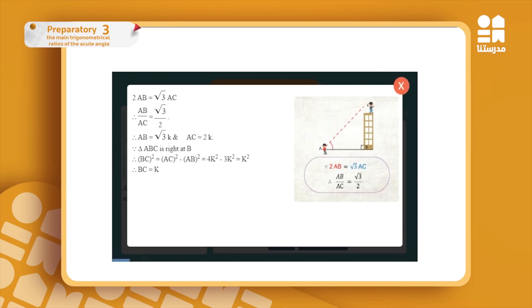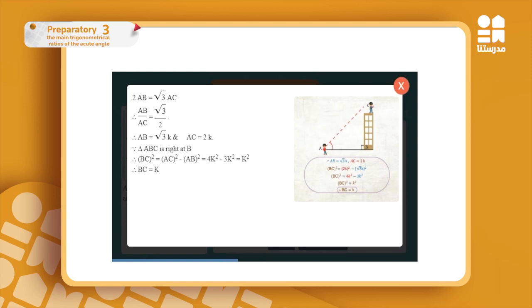From the given ratio, which is 2AB equals square root 3AC, and by using the ratio properties, we will find that AB over AC equals the square root 3 over 2. From the previous, AB equals square root 3K and AC equals 2.